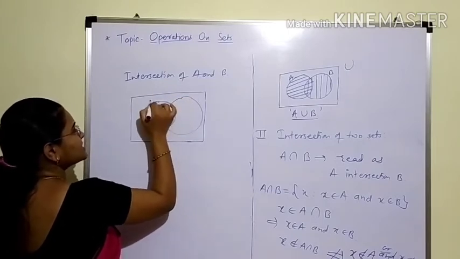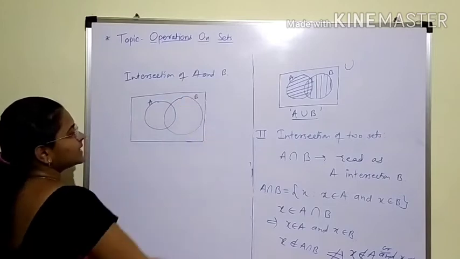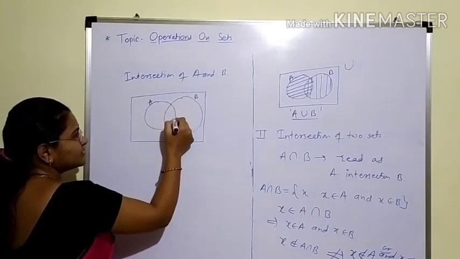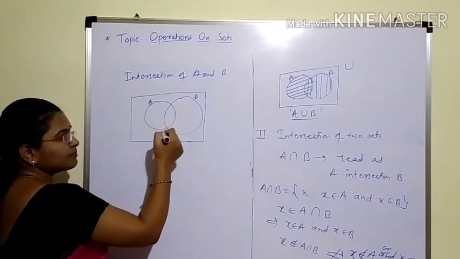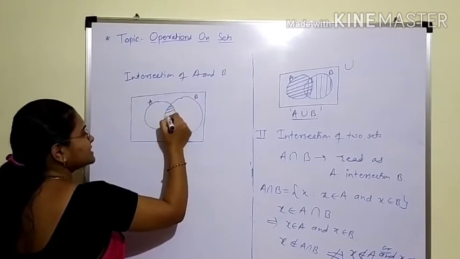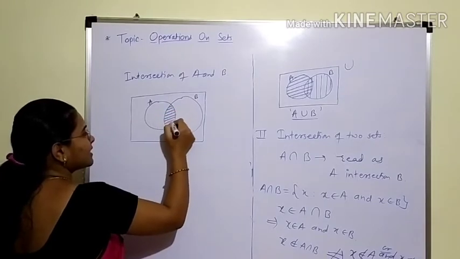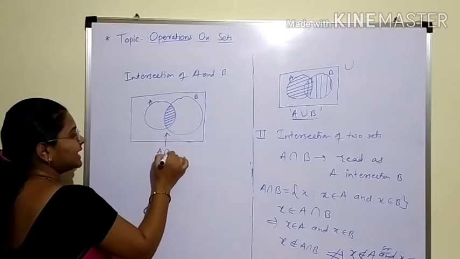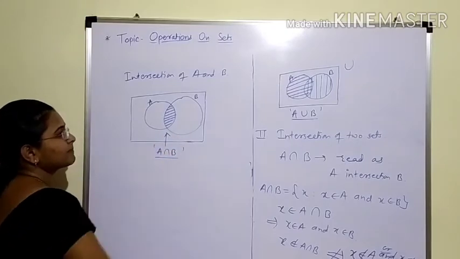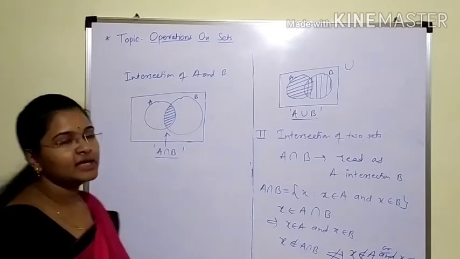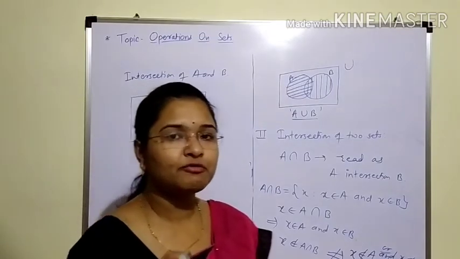Now this is your set A and this is your set B. The elements which are common in A and B, we shade this region with lines. So this shaded part is A intersection B. Understood? So in this way we have studied union and intersection of two sets.